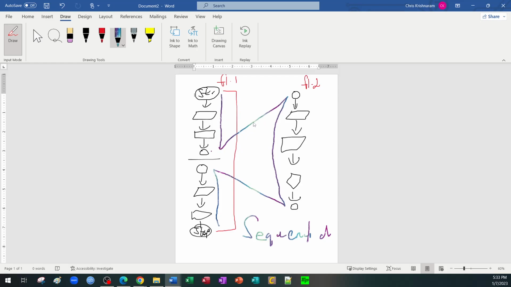So it's going in a logical manner, one after each other. So this is how the connectors work, that we can connect one point of a flowchart to another and use it in that manner.